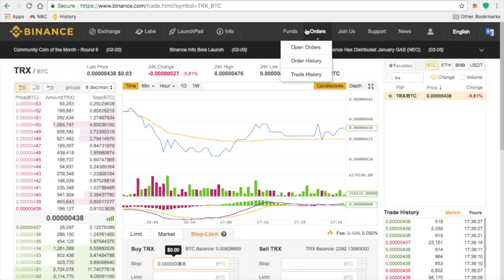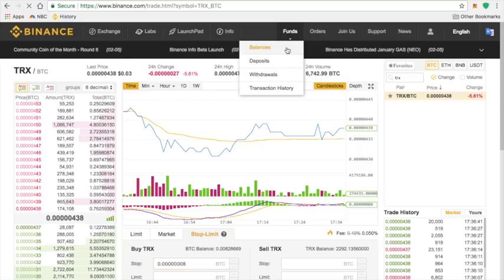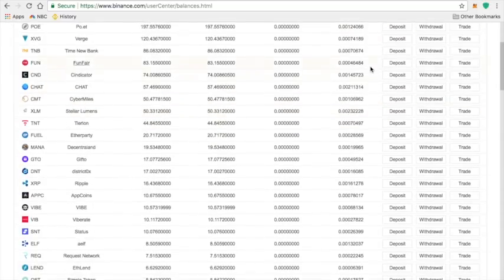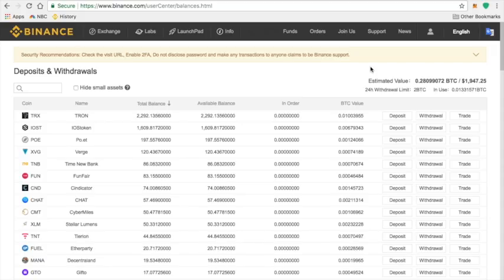Well, if you got your Tron in your wallet that's outside of Binance, what you want to do is send the Tron to your address. So I want to deposit, let's just say, 50,000 Tron that I had in a wallet.